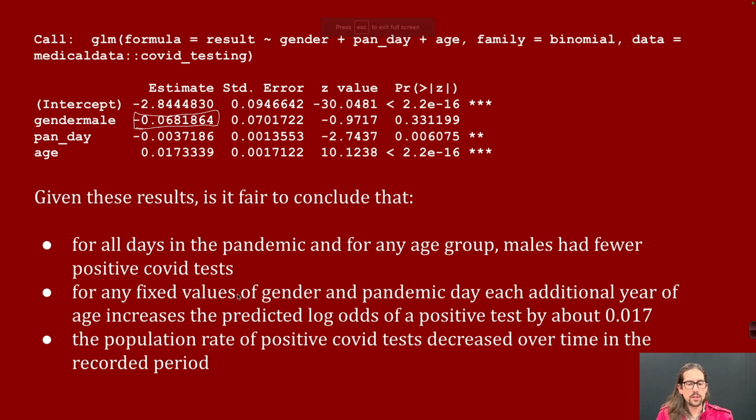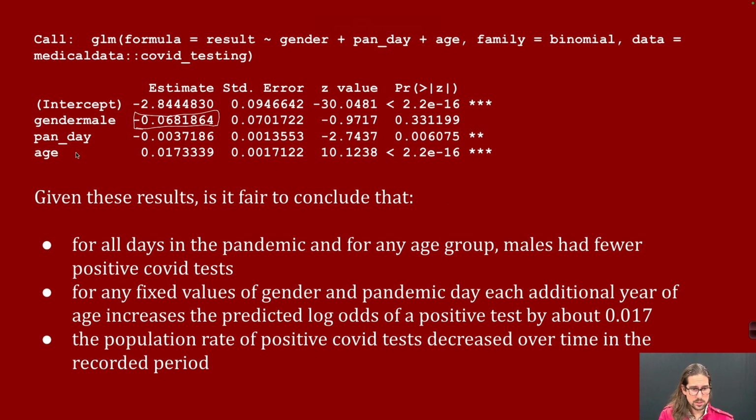For any fixed values of gender and pandemic day, each additional year of age increases the predicted log odds of a positive test by about 0.017. So here we're looking at this coefficient here, and this interpretation is completely correct. This coefficient corresponds to the predicted log odds of the outcome.